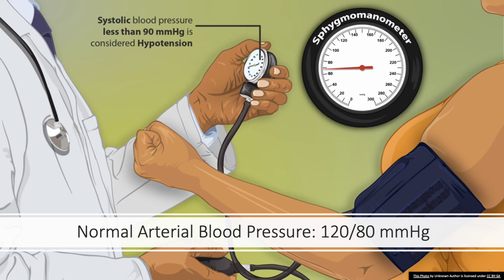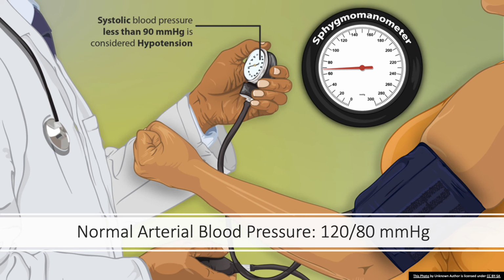The normal arterial blood pressure is 120 over 80 millimeters of mercury. We use a tool to measure blood pressure called a sphygmomanometer. When we measure blood pressure of 120 over 80, 120 represents the systolic blood pressure, and the 80 represents the diastolic blood pressure.